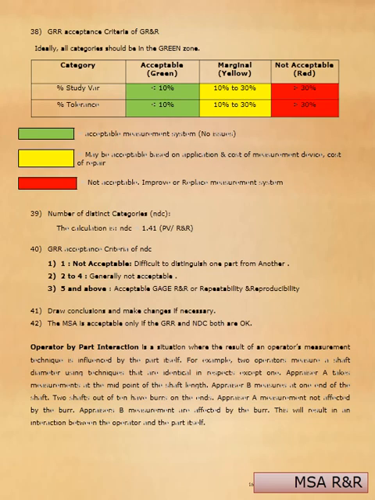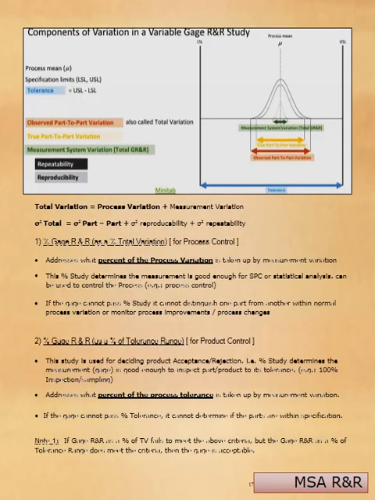Operator B measures at one end of the shaft. Two shafts out of 10 have burrs on the ends. Operator A's measurement is not affected by the burr, but Operator B's measurements would have been affected by the burr. This will result in an interaction between the operator and the part itself.